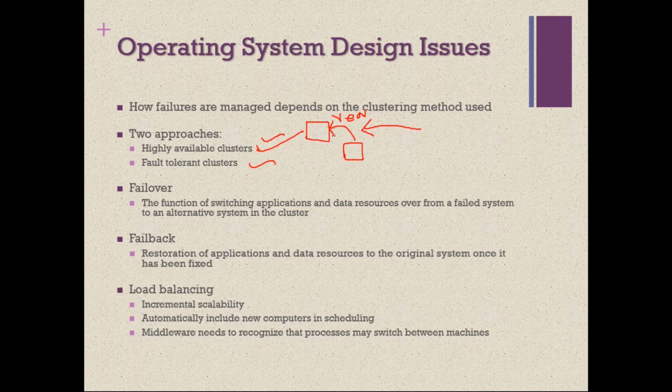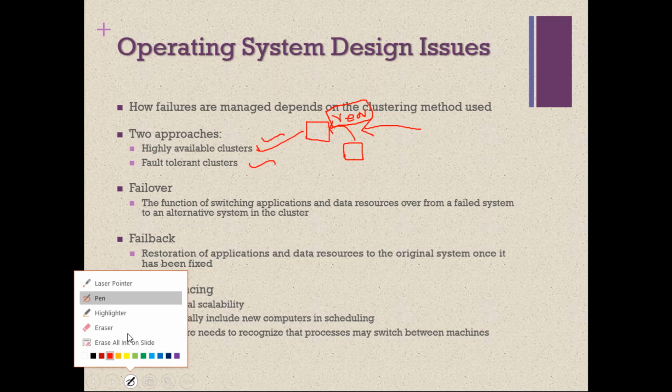Whatever requests were partially processed by the server will be lost. The secondary server will not mind about that, so it will not be taken care of by the secondary server.